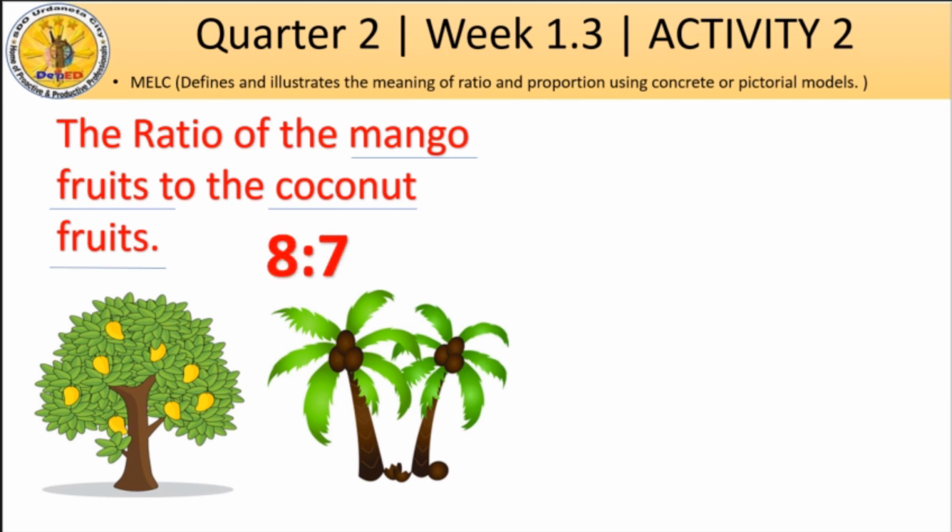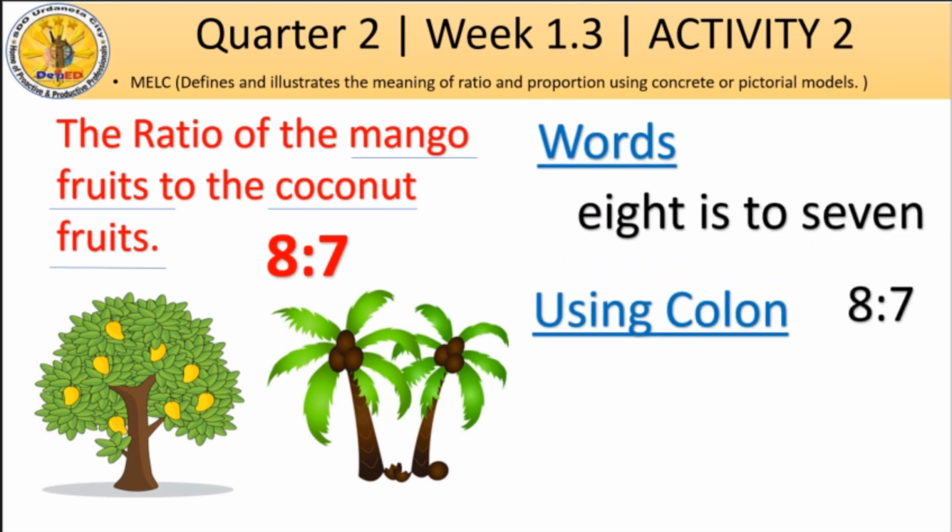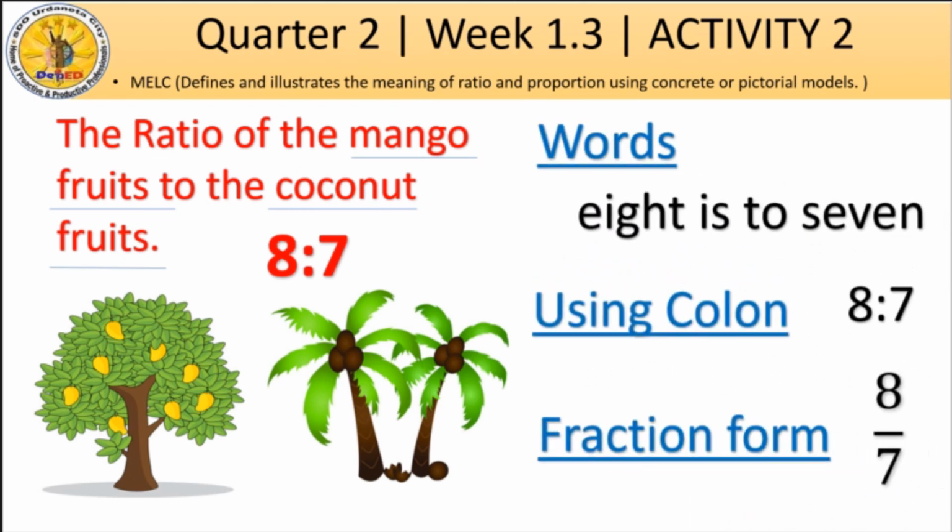Let's recall how to write a ratio. Remember, the order of the numbers in our ratio is based on the order written in our problem. In this example, the mango fruits were written first before the coconut fruits. There are three ways of writing a ratio: through words, using a colon, and in fraction form.